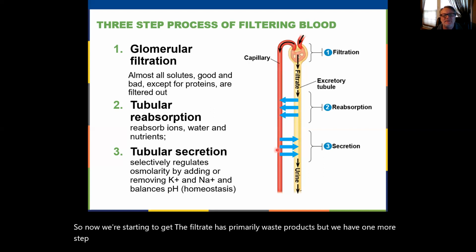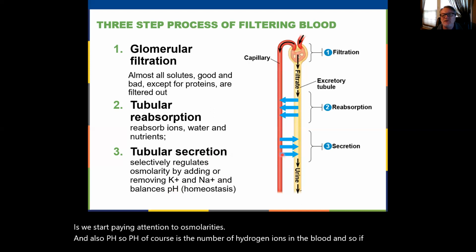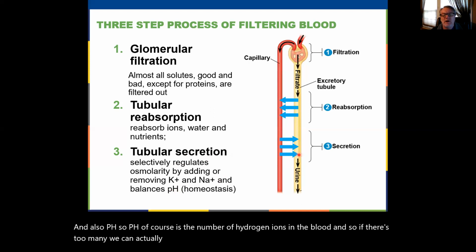So now the filtrate has primarily waste products, but we have one more step along the way. The third step is we start paying attention to osmolarity and also pH. So pH, of course, is the number of hydrogen ions in the blood. And so if there's too many, we can pull hydrogen ions out, or if the blood is not acidic enough, we can put ions back in or keep them in.